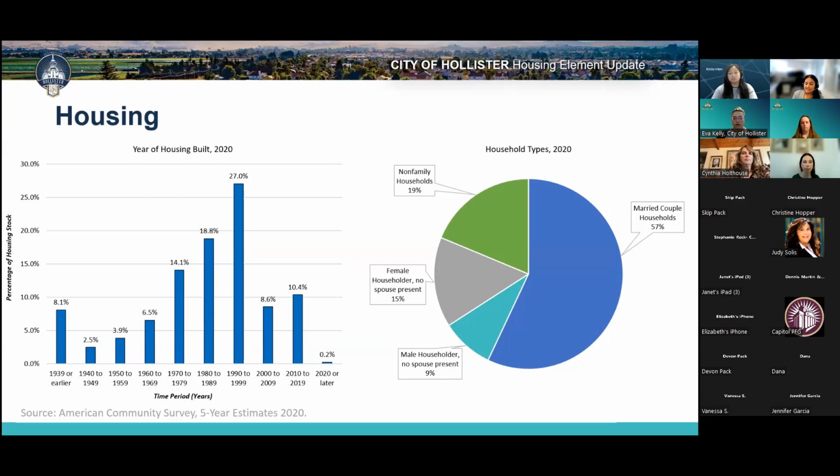As we can see in recent years, housing production has slowed due to a combination of land availability and the cost of development. The pie chart on the right displays a breakdown of household types in the city, and we can see that Hollister is largely made up of married couple households at 57%, followed by non-family households, which includes unmarried persons living together, roommates, or persons living alone at 19%.